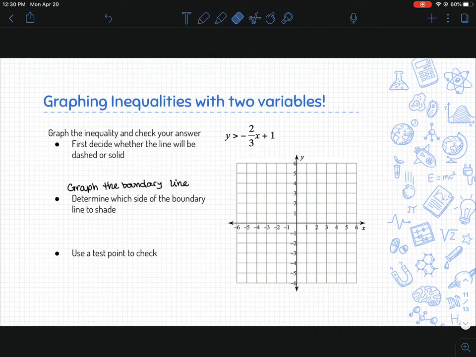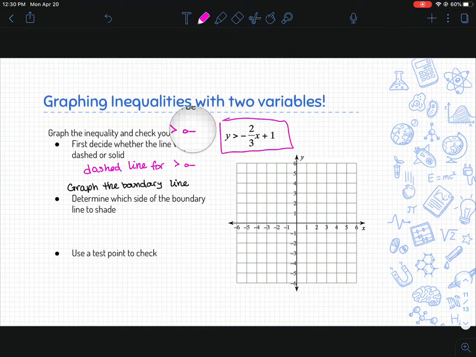Okay, we'll do another inequality here. We've got y is greater than -2/3 x plus 1. We are going to use a dashed line because we have a greater than or a less than. So a dashed line is used for greater or less. And we have a y-intercept of 1, and we have a slope of -2/3.